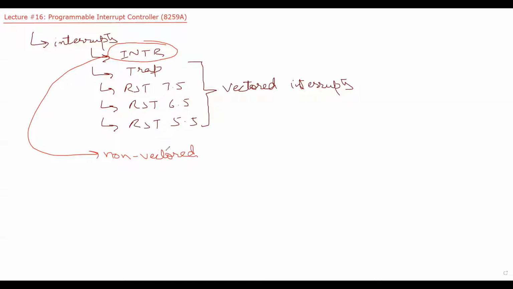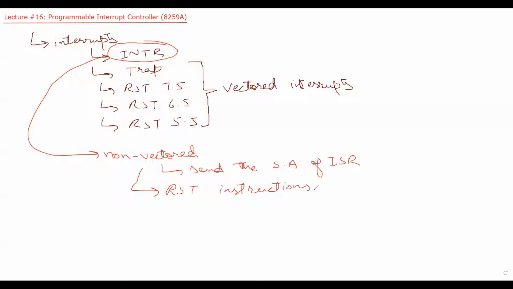That means the processor has to send the starting address of the interrupt service routine. And we also said that another methodology of sending this starting address of the interrupt service routine is to insert RST instructions.